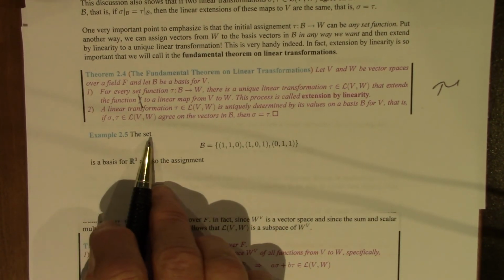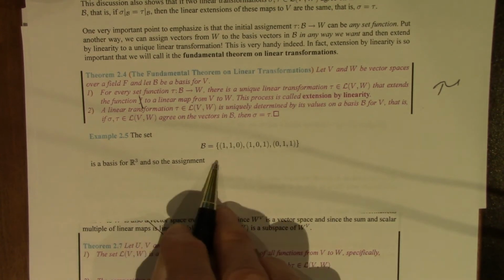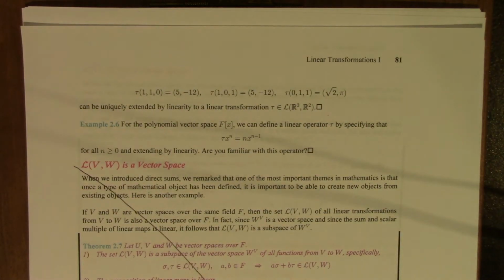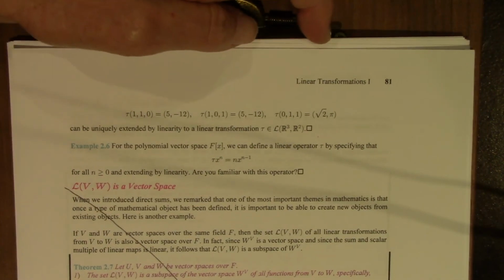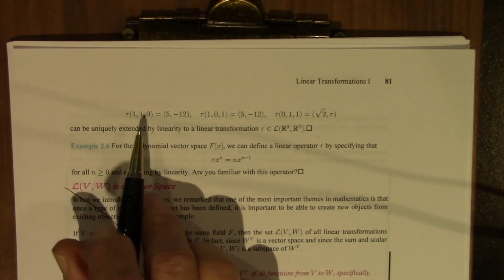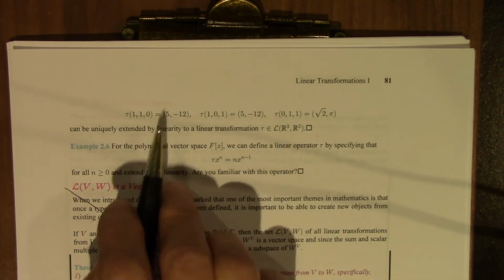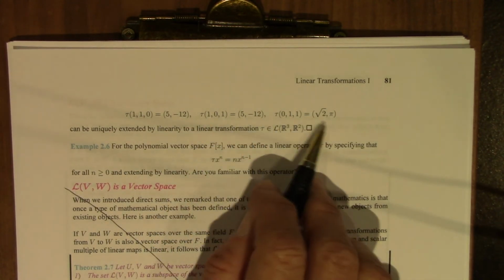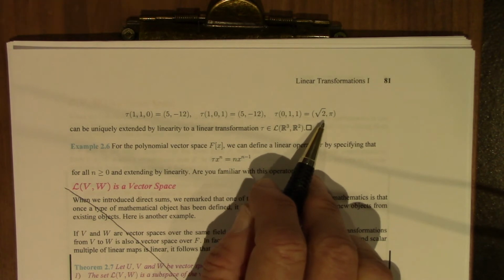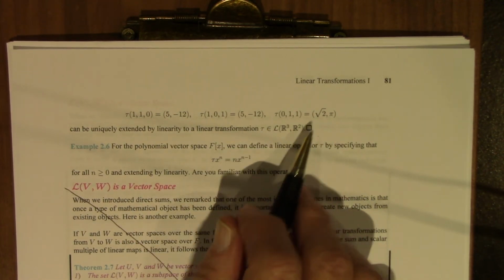Here's an example. This set of 3 vectors is a basis for R3. Therefore, I can make a set function, tau, that sends the basis vectors to anything I want in W. W in this case is R2, and I just made these up.